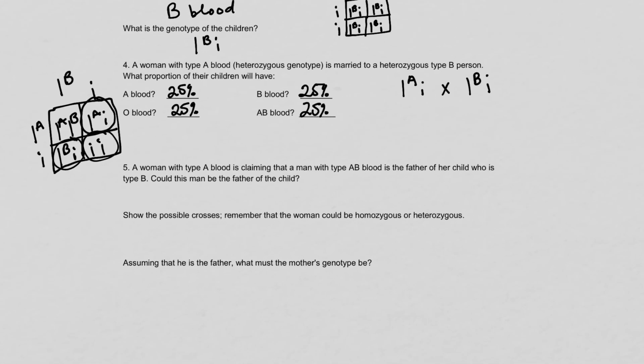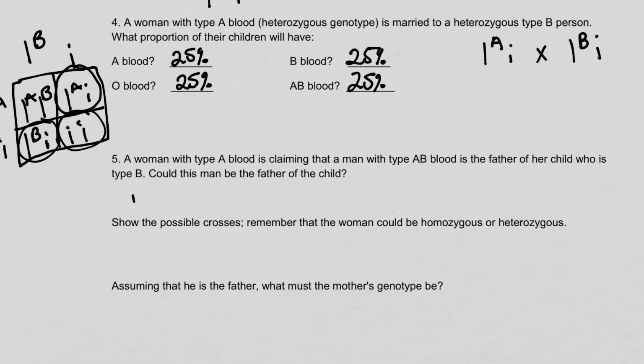A woman with type A blood is claiming that a man with type AB blood is the father of her child who is type B. Could this man be the father of the child? Well, if his blood type is AB, then there's only one possible genotype for him.